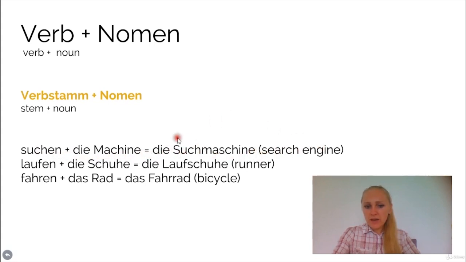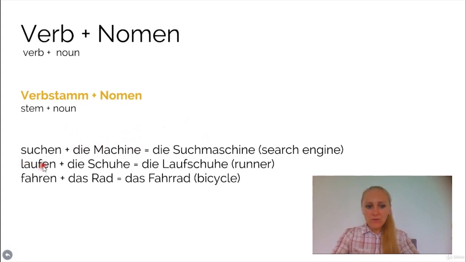As you see, we have just taken the stem of the verb and added it to the noun. And the article or the gender of the noun is exactly the same as the noun of the compound word. Nothing changes here about the gender, because verbs, of course, don't have a gender, and there's just one gender here, and it stays the same in the compound word.